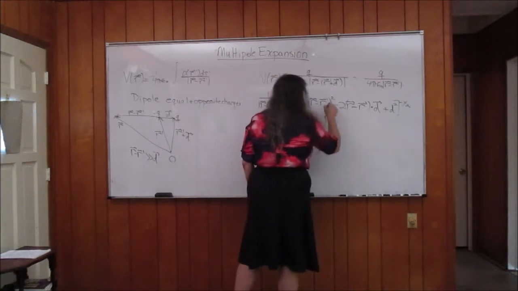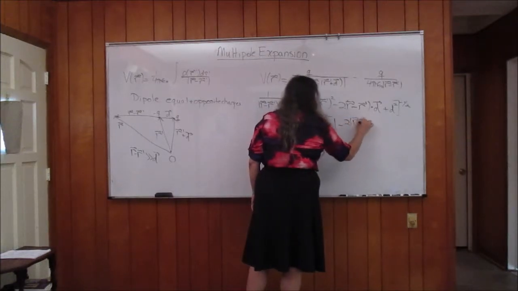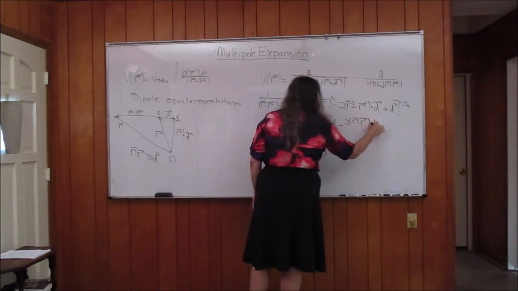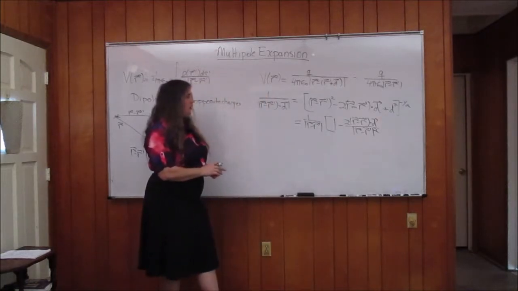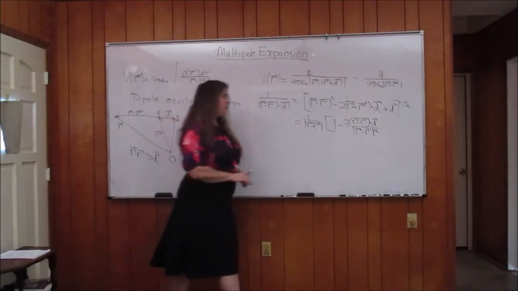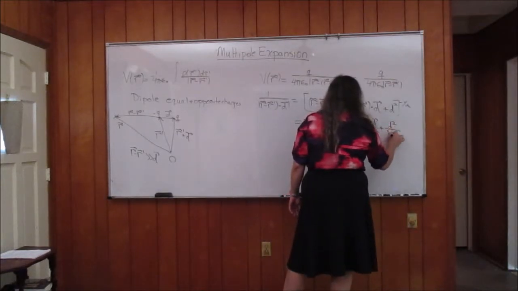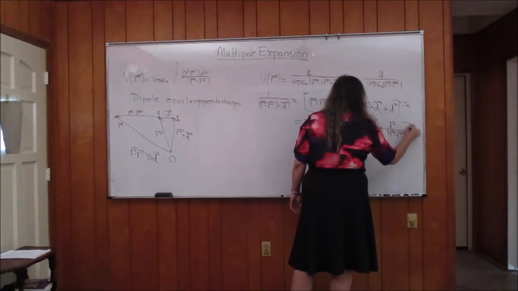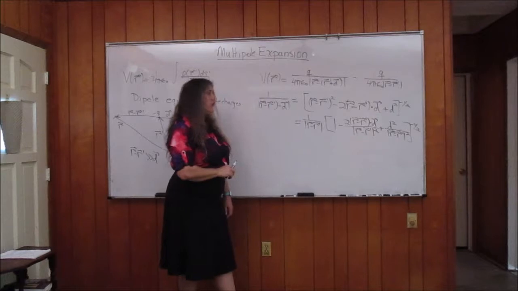And that'll leave 1 for the first term, minus 2 r minus r prime dotted into d all over the magnitude of the separation vector squared, plus d squared all over the magnitude of the separation vector squared.